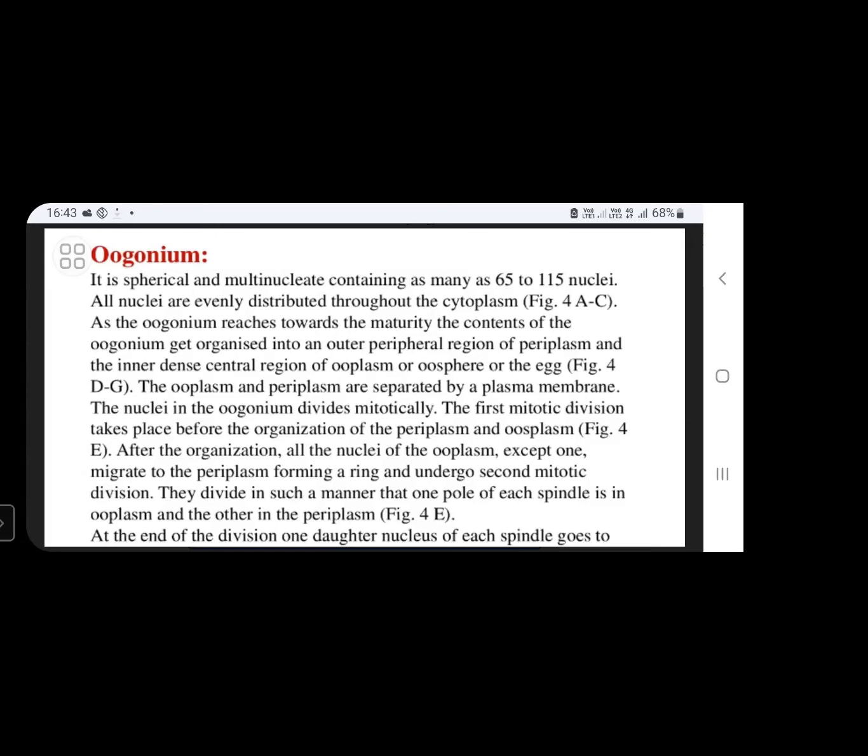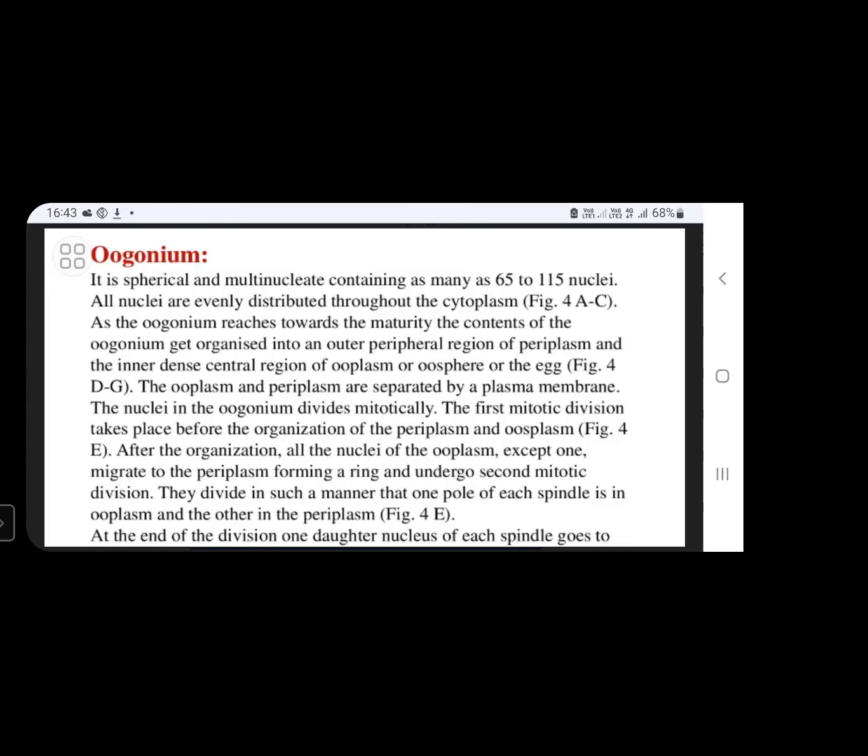This functions as the oosphere, also called the egg cell. This functional conspicuous single nucleus present in the ooplasm region of the oogonium is called the oosphere. The periplasm comprises many small nuclei. In addition to these many small nuclei, the cytoplasm also consists of many vacuoles. Like this the periplasm region is present.